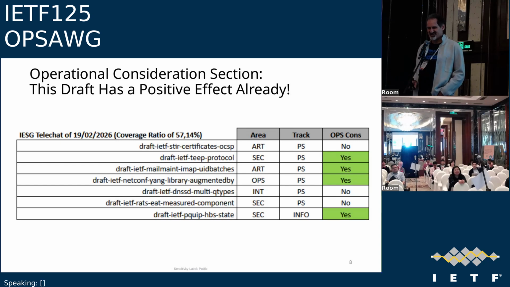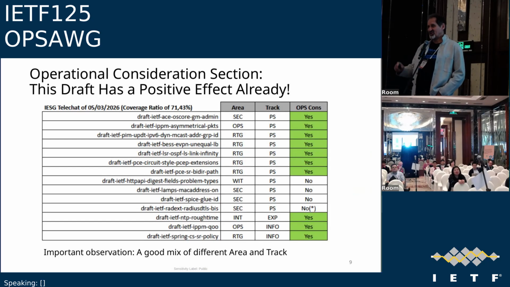It's like the IESG is handling thousands of documents in one telechat. Now, at the last telechat, we went to 71.43%. And thank you to the person who gave me the slides. But the point is that we see already the effect of this document. And this is across all the different areas: security, operations, routing, internet, etc. And also whether it is proposed standard, experimental or informational. So this is great.